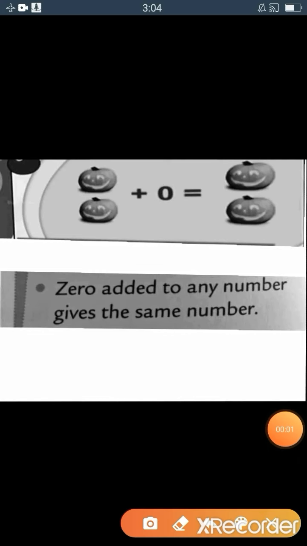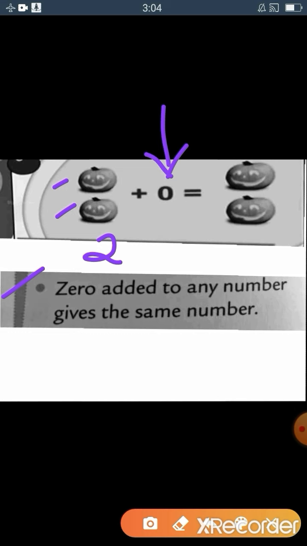This is the second property of addition, children, which says: 0 added to any number gives the same number. I will explain this using the example which you can see above. How many pumpkins are there, children? 2 pumpkins are there, and they have added 0 pumpkins to it, meaning they have not added any pumpkin.